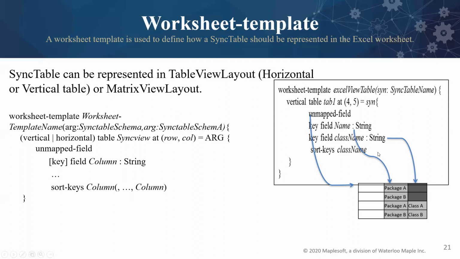So the number of fields that I add here will be added as columns in Excel. What an unmapped field does is it will just include an empty field within the table, that's all. It's not related to the model, but just to have some better visualization, we will use an unmapped field to include an empty column, and the name of the package and name of the class.